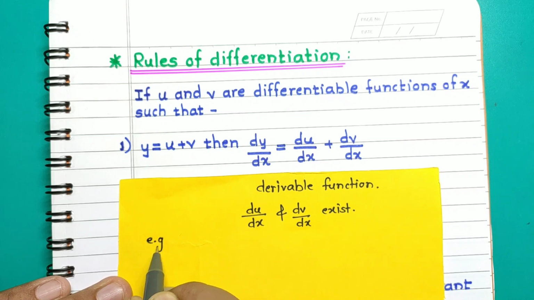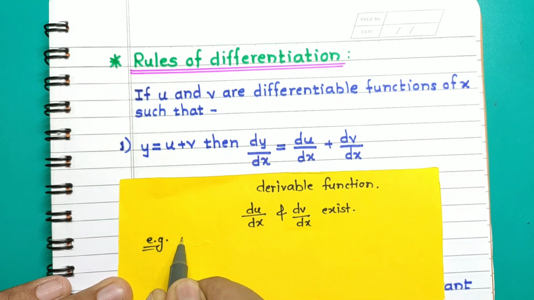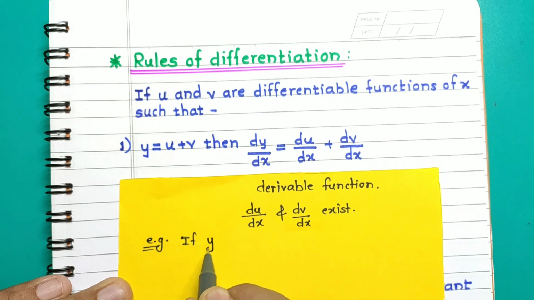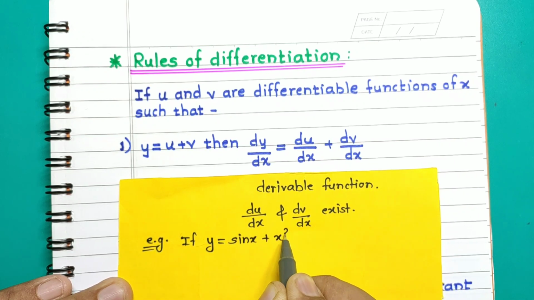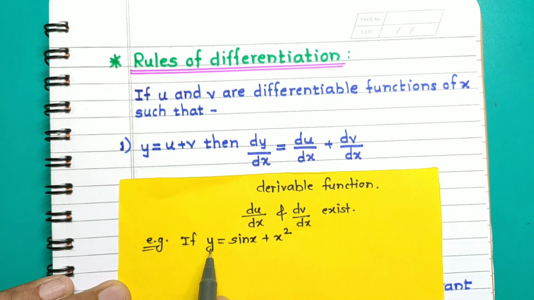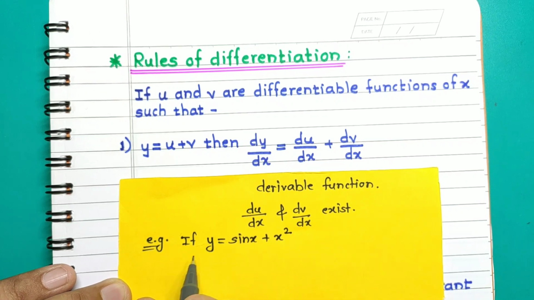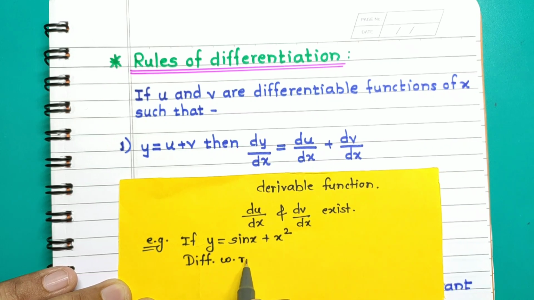Let's take some example. For example, if y is equal to sin x plus x square. Now let us find the derivative of this function. Differentiating with respect to x, we are going to use this shortcut.